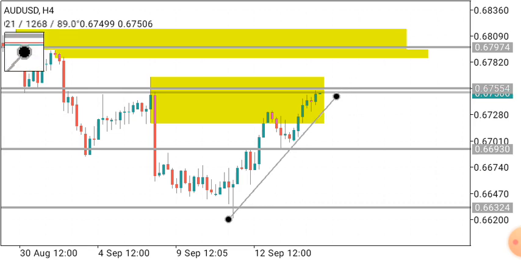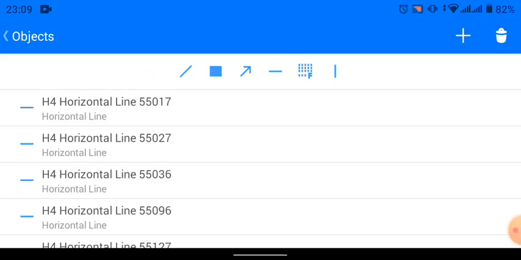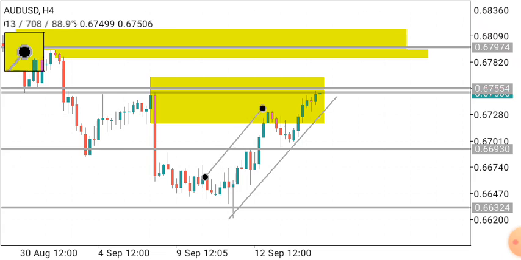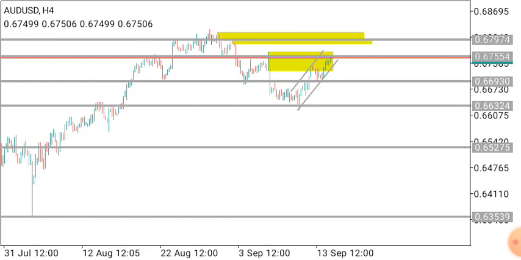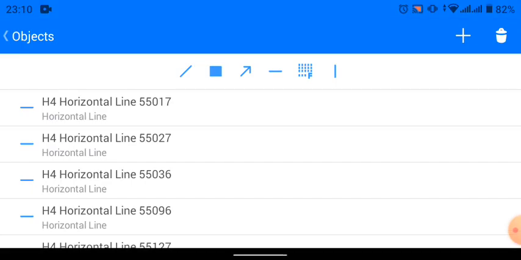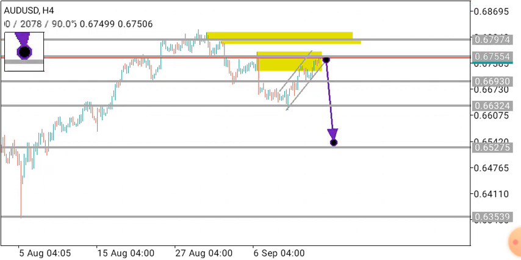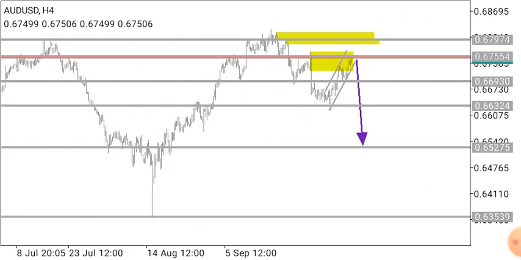We can see that this is a very nice corrective movement over here. It could be a corrective movement, or it could signal that the market has shifted from bearish to bullish. But for now, everything is pointing to the downside.